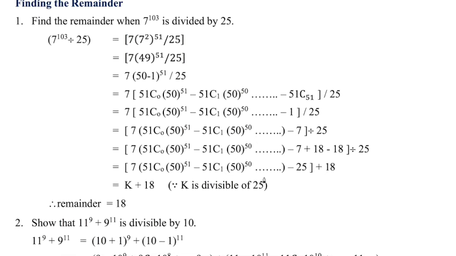All the terms are divisible by 25, right? Find the remainder when divided by 25. Adding plus 18 and minus 18, minus 25.